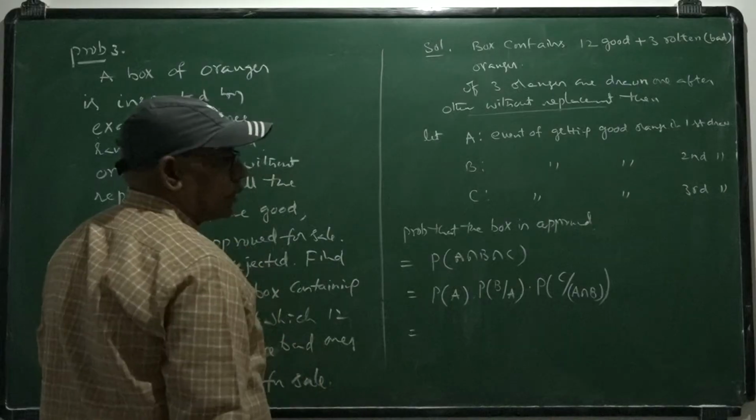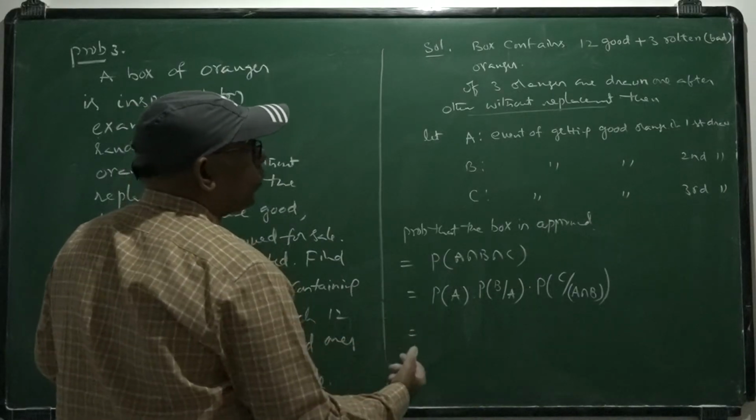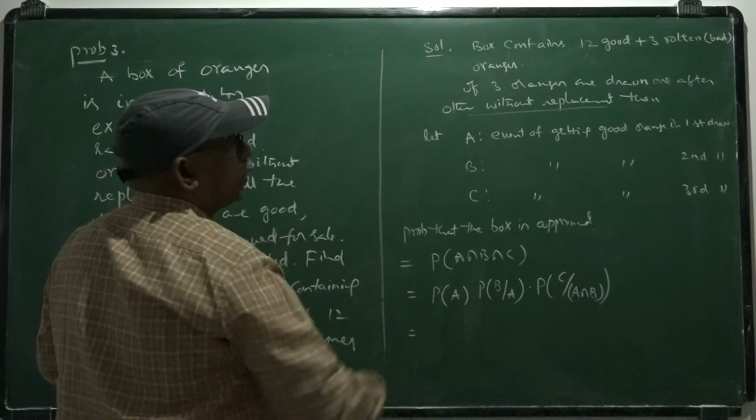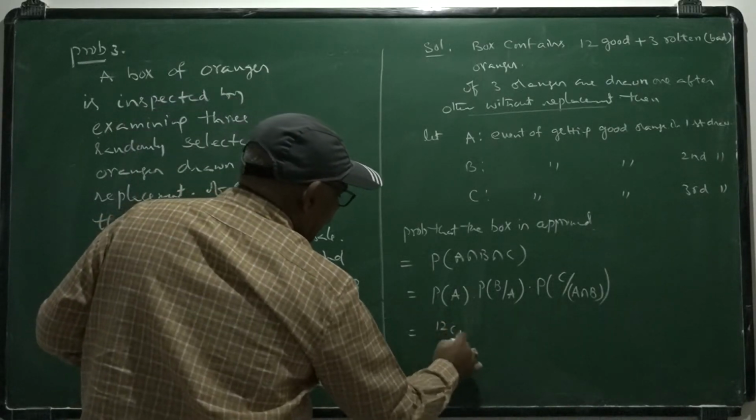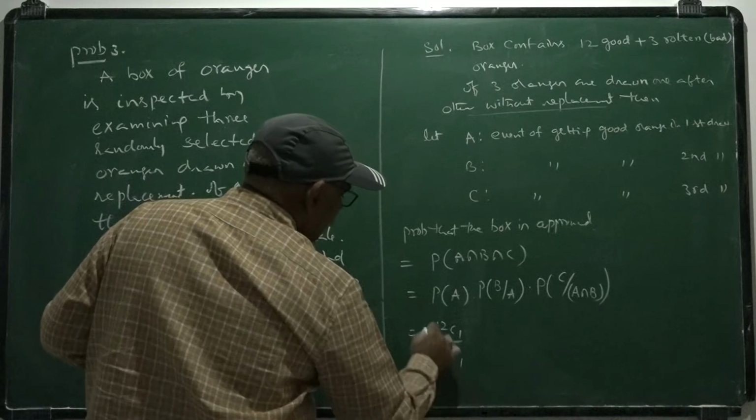Now coming to probabilities. At first, getting a good orange out of the total number of oranges is 12C1 by 15C1.